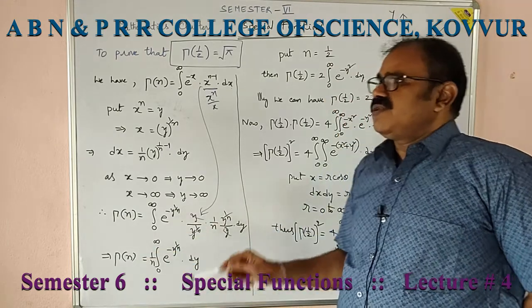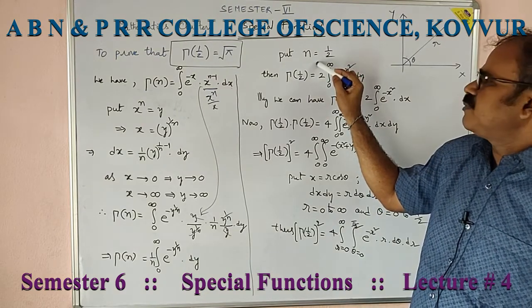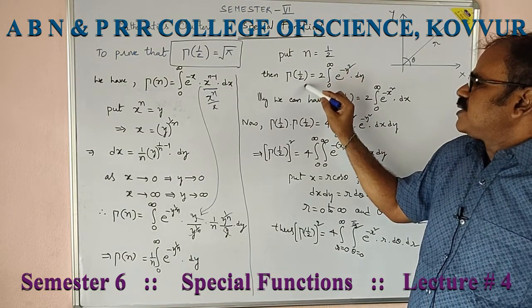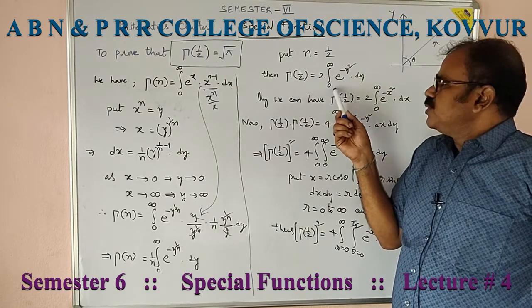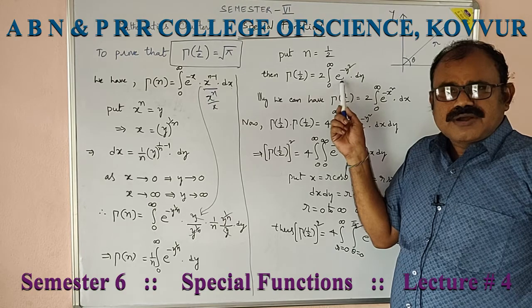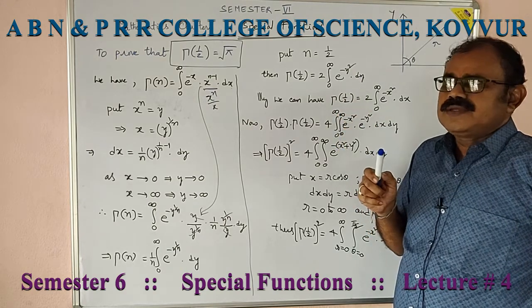Finally, in place of n, we have chosen n is equal to 1 by 2. So the result is gamma 1 by 2 is equal to 2 into integral 0 to infinity e to the power of minus y square dy.